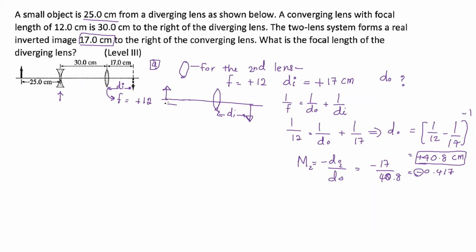And this d naught is positive and it is 40.8. Okay. So we found the main things for that. Now we have to mark this in the main diagram. So where is this? 40.8 is somewhere here, right?